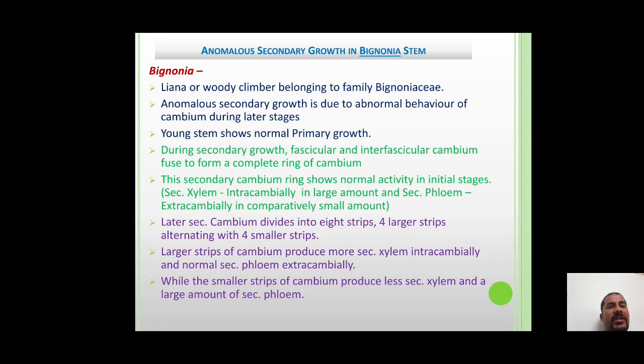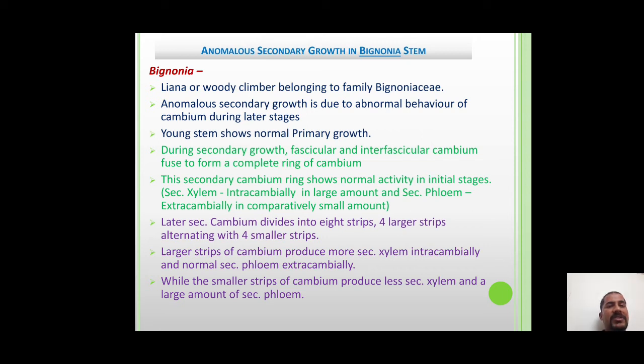The anomalous secondary growth is due to the abnormal behavior of the cambium during the later stages in Bignonia. The young stem shows the normal primary growth, but during the secondary growth, the fascicular and interfascicular cambium fuse to form a complete ring of cambium, and this cambium ring shows the normal secondary growth in the initial stages.